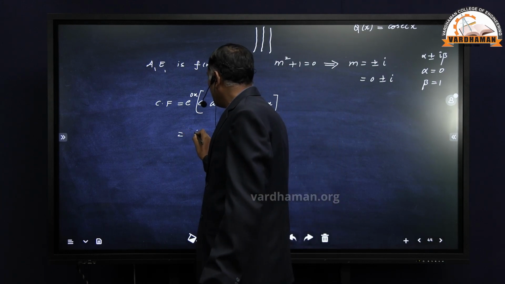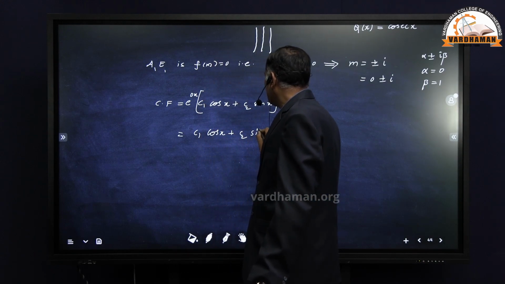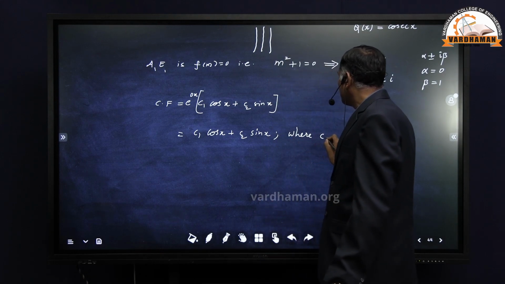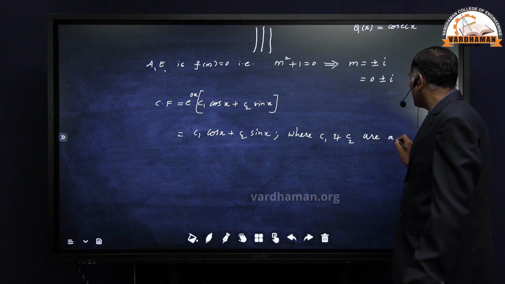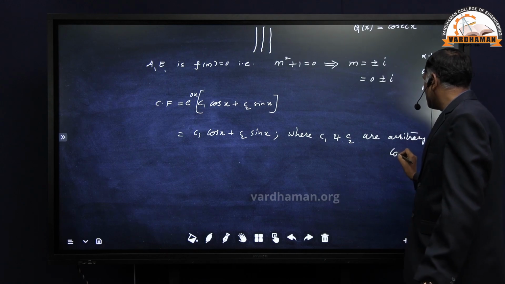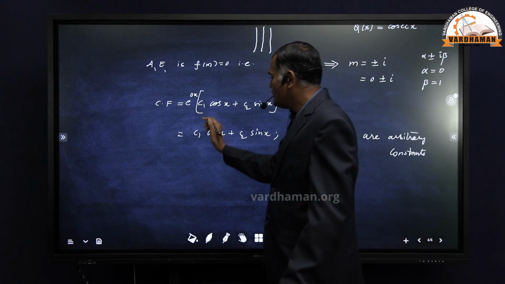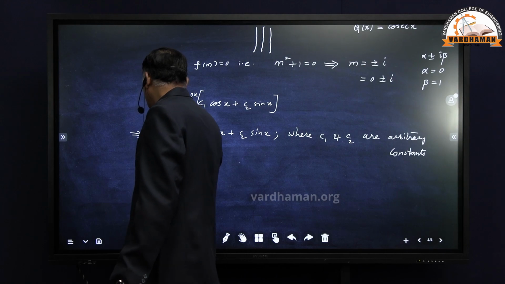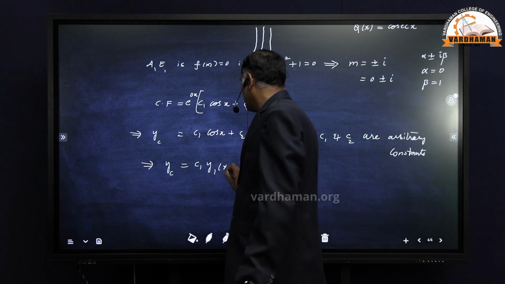This is nothing but simply C1 cos x plus C2 sin x, where C1 and C2 are arbitrary constants. This is the complementary function.